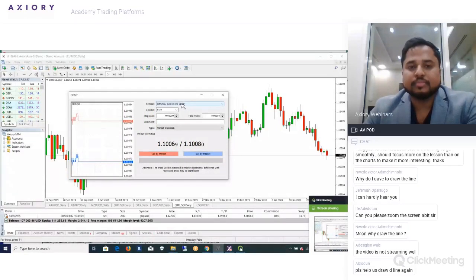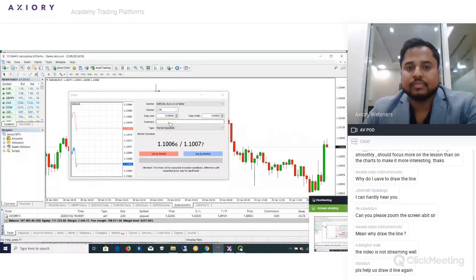So you can select the currency pair here, and here you can take the volumes. If you put one standard lot, you can give stop loss and take profit here. So we will try to execute some orders. Okay, so now we are putting one sell order.